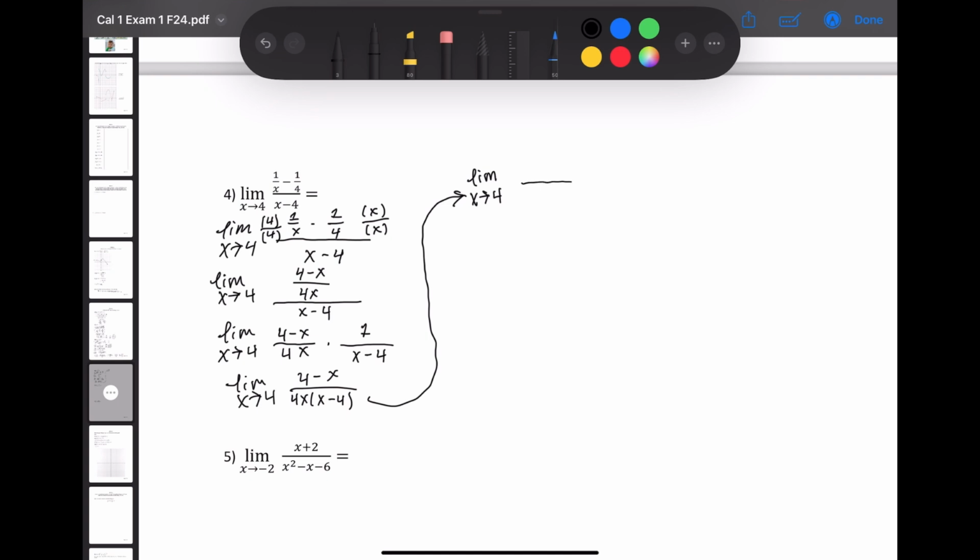So we can go ahead and, for 4 minus x, we can pull out the negative from the function. And then we're left with limit x approaching 4 of negative 1 over 4x.